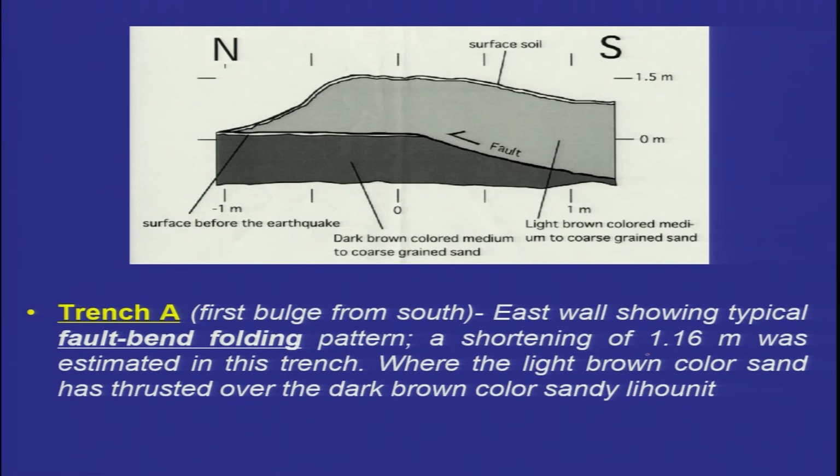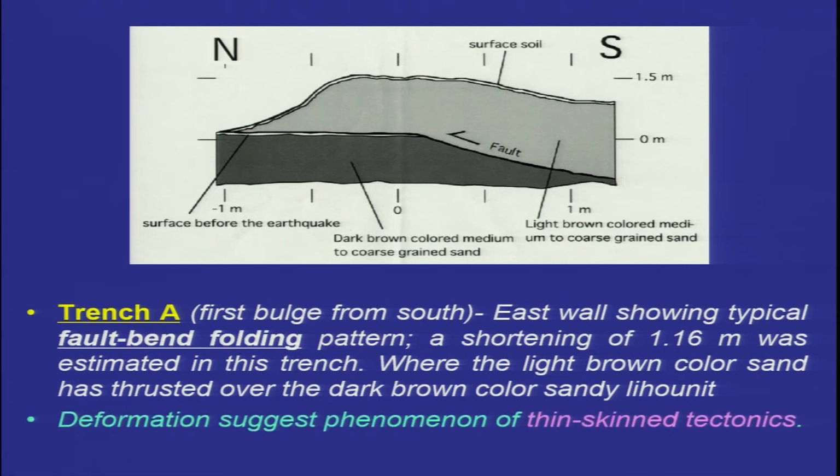A shortening of 1.16 meters was estimated in this trench. So we measured the shortening to be around 1.16 meters. Deformation suggests thin skin tectonics. So we have this deformation taking place in the upper part of the crust, so we can consider this thin skin tectonics.